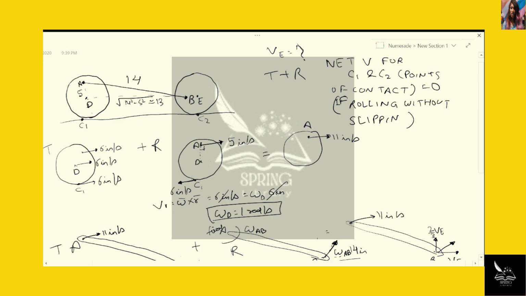So then we can figure out what angle this rod is making. If this rod is making an angle theta, then sine theta is going to be perpendicular over hypotenuse, which will be 5 over 14, and cos theta will be base over hypotenuse, that will be 13 over 14.